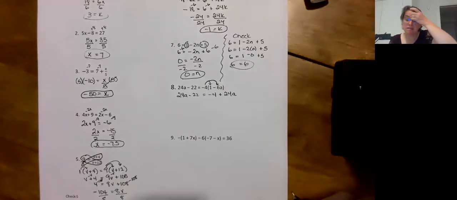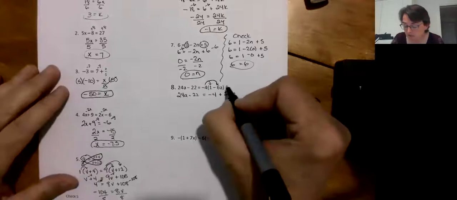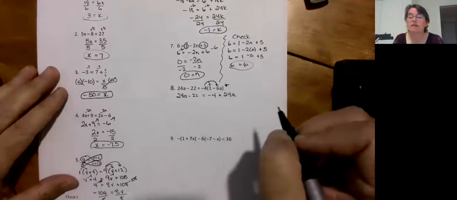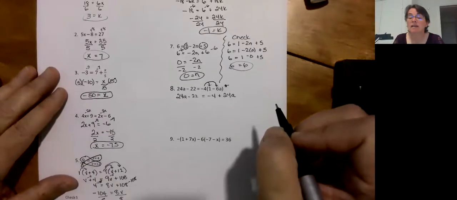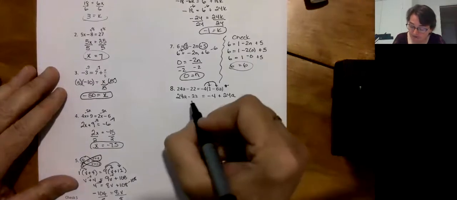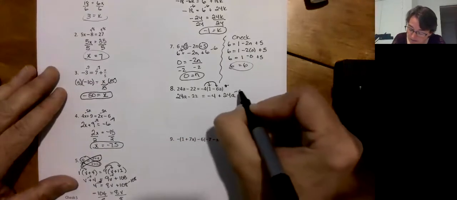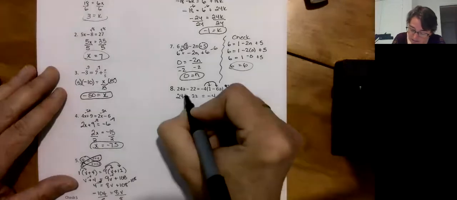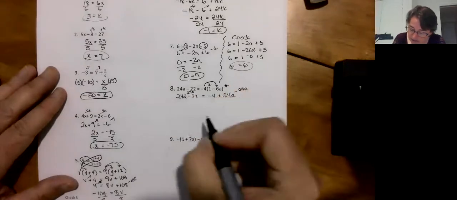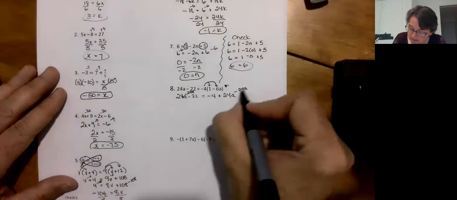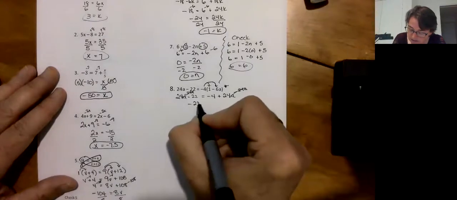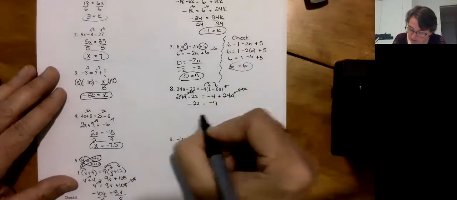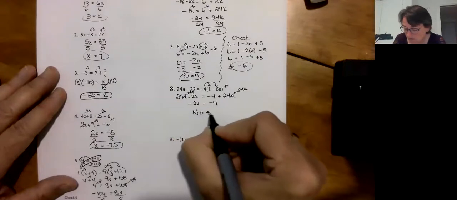I just realized this is a question that I'll start this and I'll make sure it's started on yours. It's a little bit weird because it has actually no solution, because the moment we go minus 24a minus 24a, and this is going to cancel and this is going to cancel. It's minus 22 is equal to minus 4. No solution.